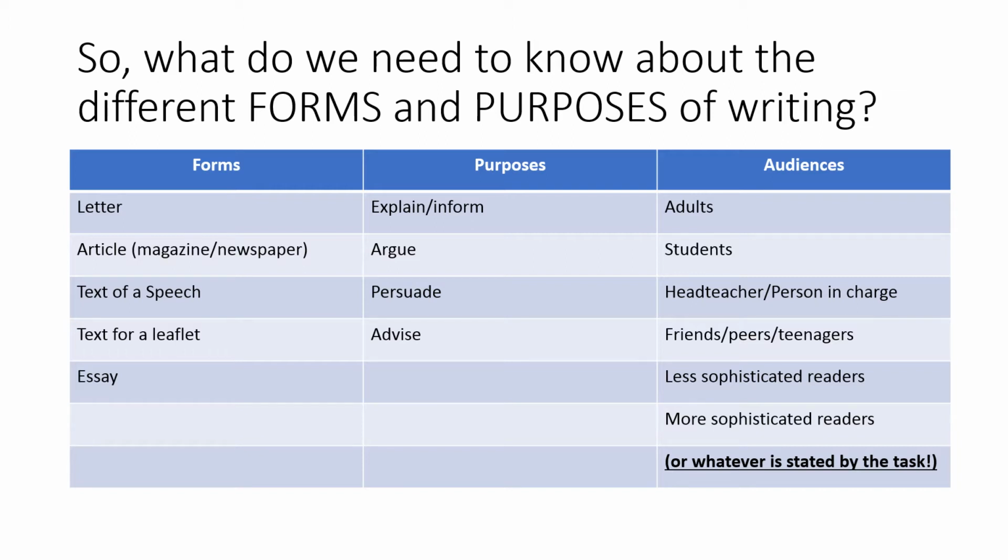The text for a leaflet or an essay. Okay, so they are the different forms that the exam board expect you to be familiar with and be able to use the conventions of.